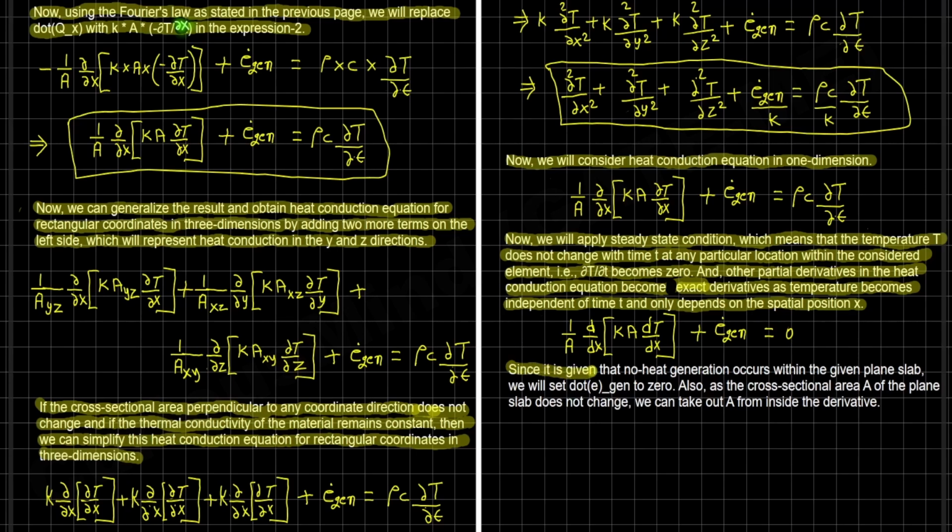Since it is given that no heat generation occurs within the given plane slab, we will set E dot gen to 0, because there is no heat generation within the given plane slab.